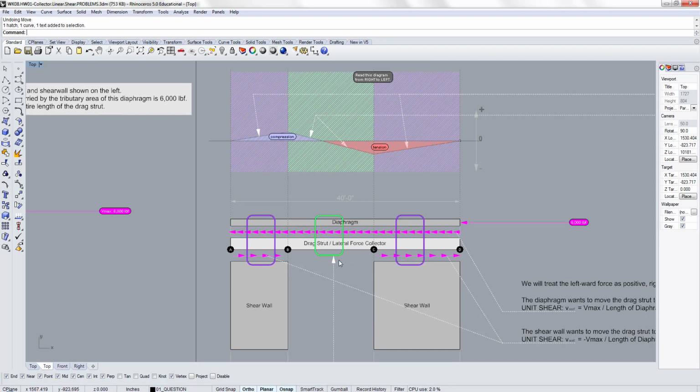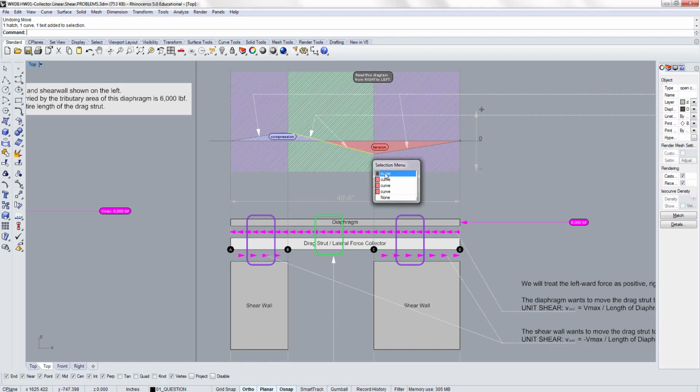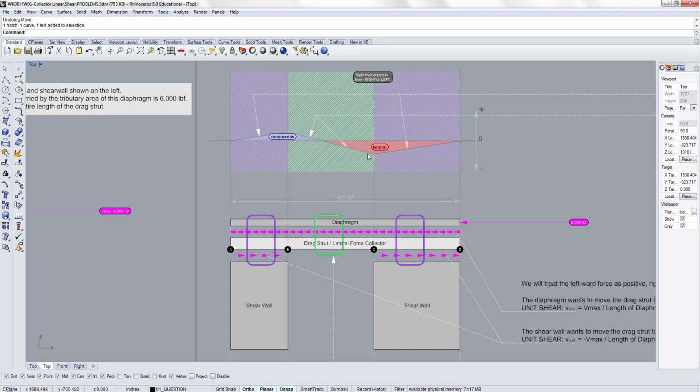From here you don't have the shear wall, so the diaphragm keeps pushing this beam. Because it's being compressed, the tension starts to decrease, and at some point it turns into compression, and it reaches maximum compression where it hits this shear wall, right? And then because the shear wall pushes back again, the compression decreases and goes back to 0.